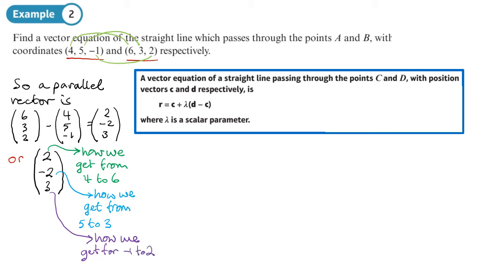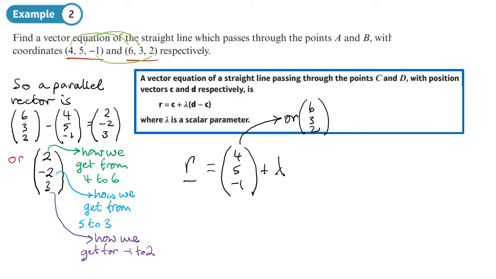So we now have this parallel vector, and I can pick either one of these points as a point that it passes through, either the 4, 5, negative 1 or the 6, 3, 2. So my final answer will be r equals a point that it passes through. I'm going to choose the 4, 5, negative 1. Or you could have had the other point. Remember, it can be any point that it passes through.